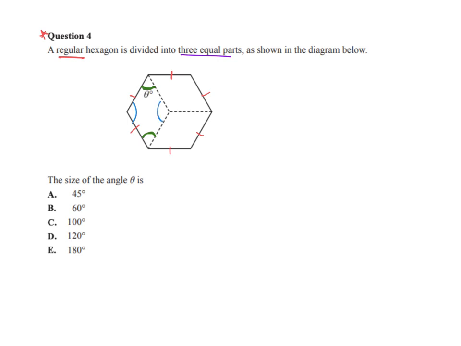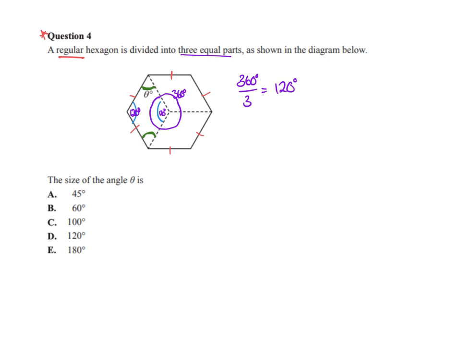So if you can see, I've got a full circle in here. So if I do 360, because there's 3 of the same angles there, divide by 3, I get 120. So I know that this one in here is 120. So then that makes this one 120. So that's 240.